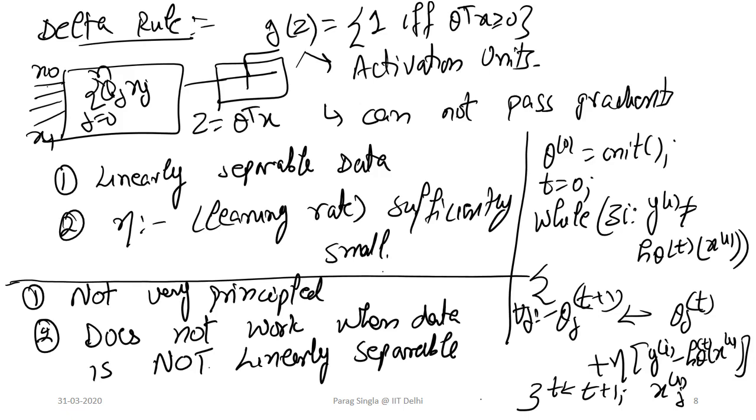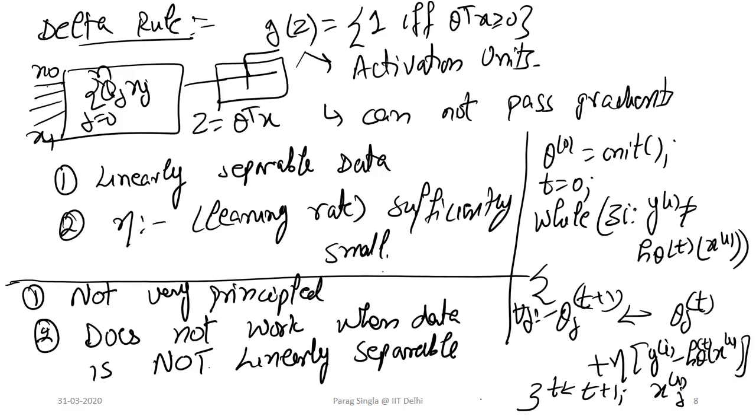You move a little bit in the direction of that point. And what does that mean? That means that theta j at t plus 1 takes the value of theta j at t, which is the old value, minus or plus eta into yi minus h theta xi, using the current set of parameters theta t, times xij.